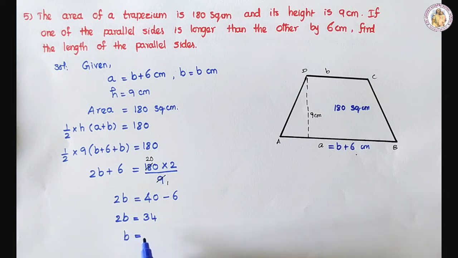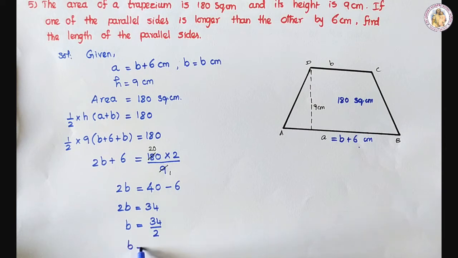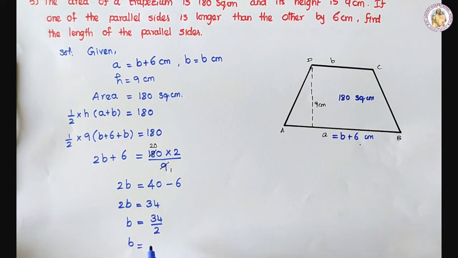B equal to 34 by 2, 2 is in multiplication now, so it becomes division. So we get B equal to 34 divided by 2, that is 17. So 17 centimeter, that is B value.